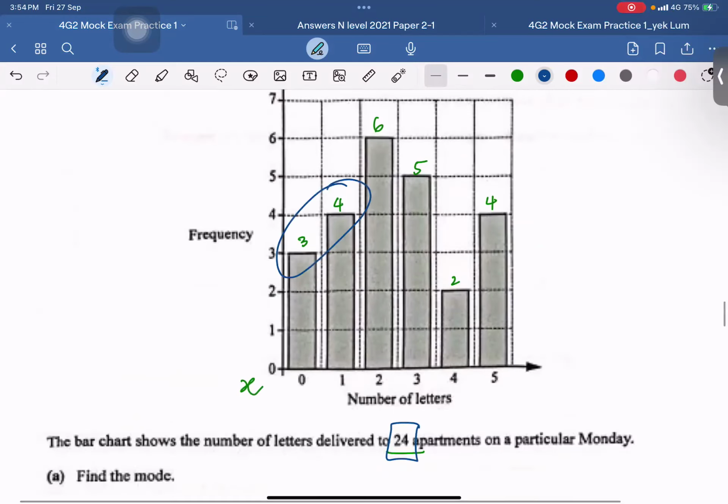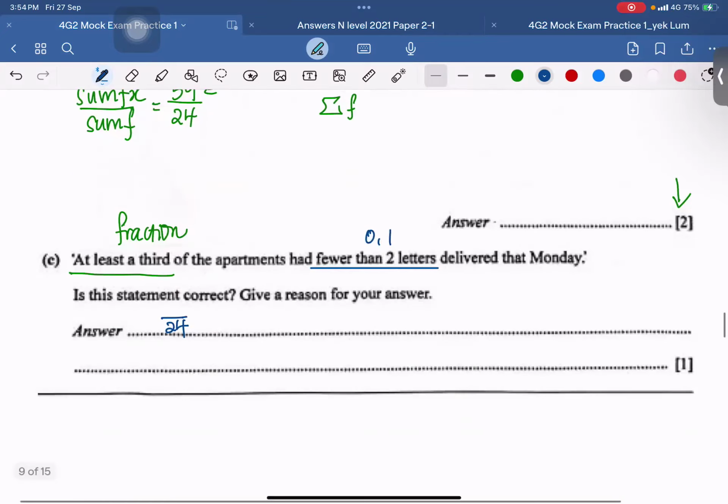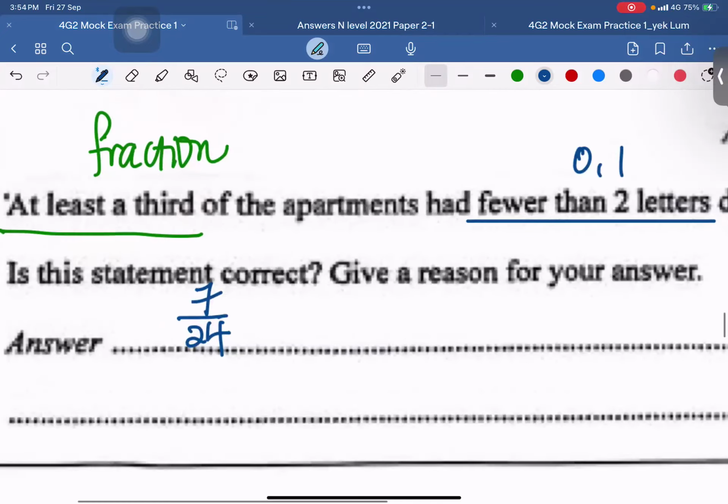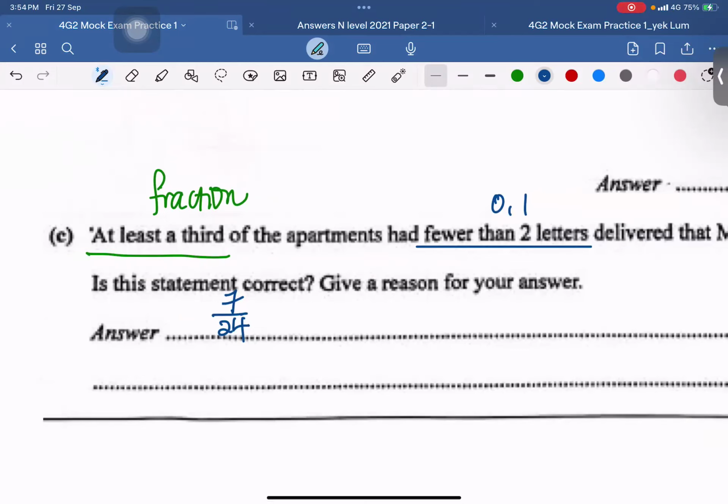That gives you 3 plus 4, which is 7. Now notice 1/3 of 24 is 8. 7 out of 24 is lesser than 1/3 of the apartments. So is the statement correct? The statement is incorrect. Okay, is this okay?